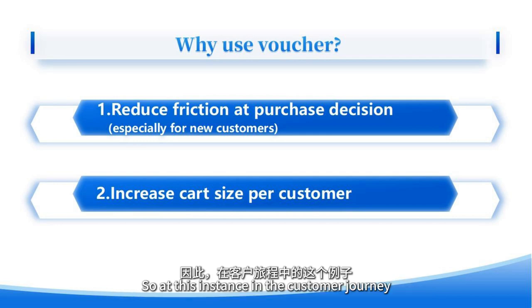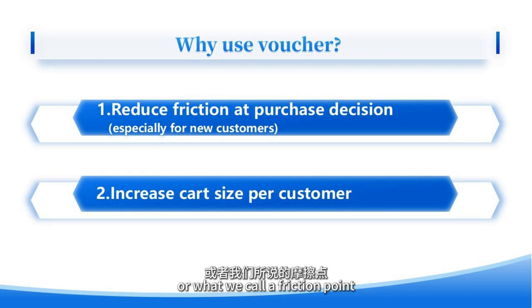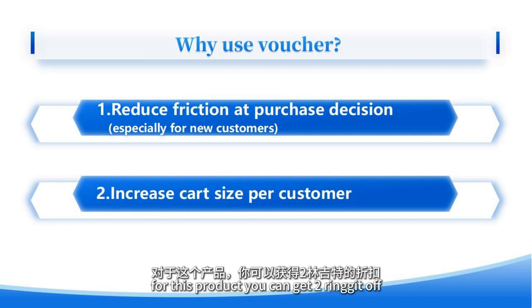So at this instance in the customer journey, or what we call a friction point, is where a voucher can come in handy. In that very moment, when they are trying to make a decision and they see a voucher, for example, for a 30 ringgit product, you have a voucher for this product, you can get 2 ringgit off.